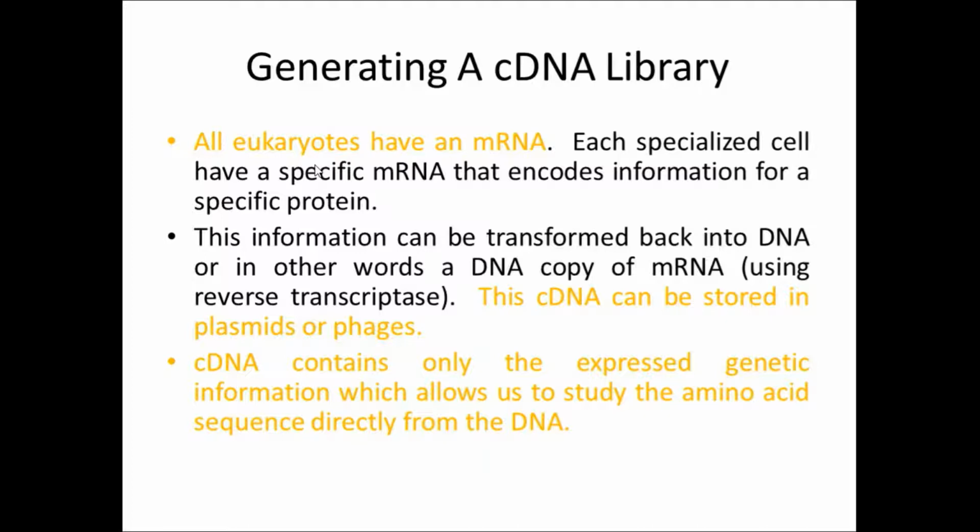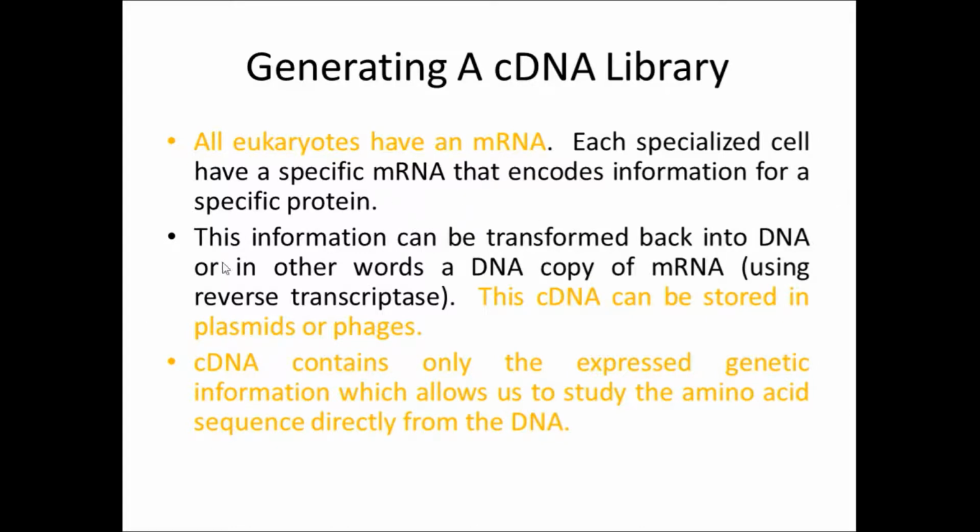I already told you that all eukaryotes have a monocistronic mRNA. Each specialized cell has a specific mRNA that encodes information for a specific protein. So, one gene, one enzyme hypothesis.